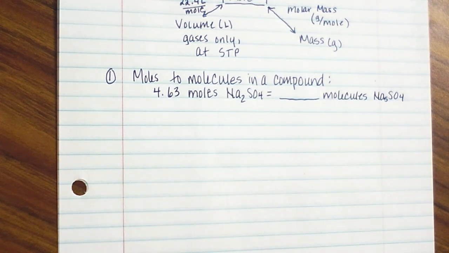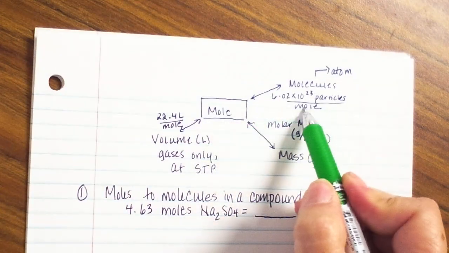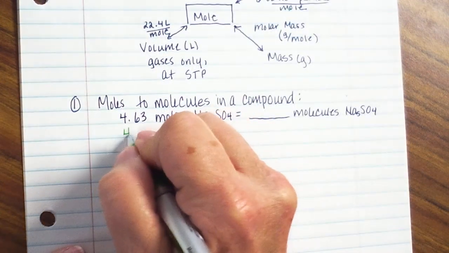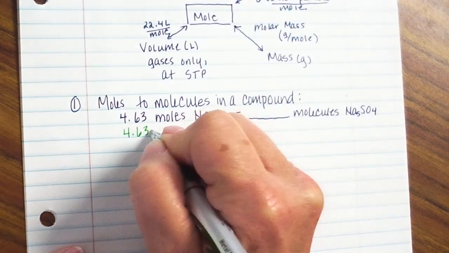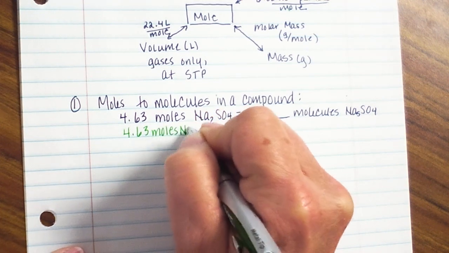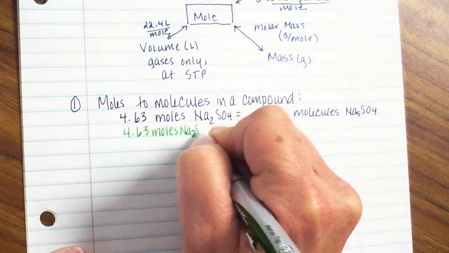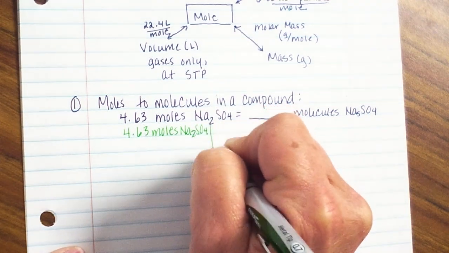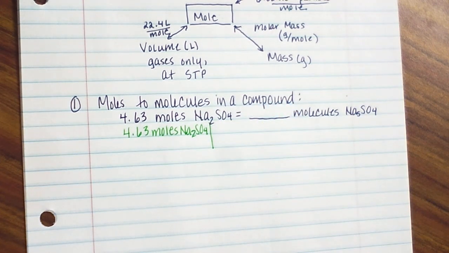So to do this, I think most of you have already figured this out. This isn't any real challenging problem. We're just going to go from moles to molecules using Avogadro's number. So I'm going to start with my 4.63 moles of sodium sulfate. And what you're going to notice is that I really am being careful to always put my compound with my unit.